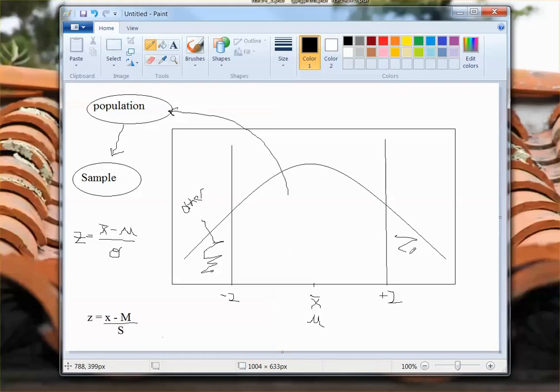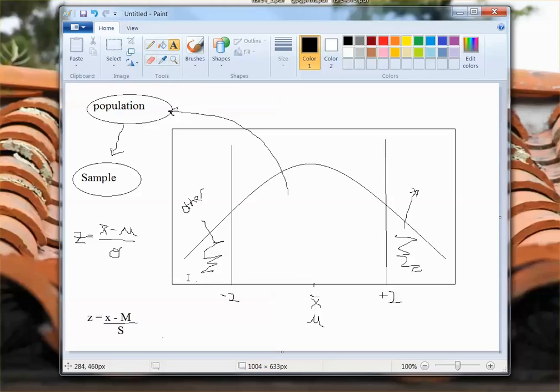And ditto here: if it falls way out here, if it's a very positive score, also some other population. In this way, we could make a probabilistic judgment as to whether or not this sample belongs to this population, just from computing a z-score.